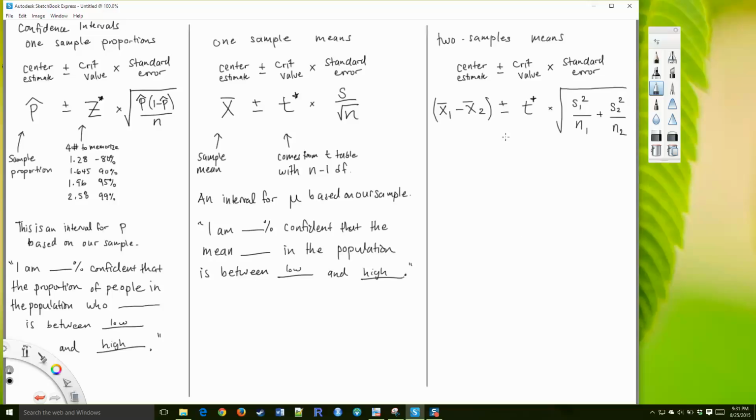This here is our difference between sample means. Sometimes this is called our observed difference.